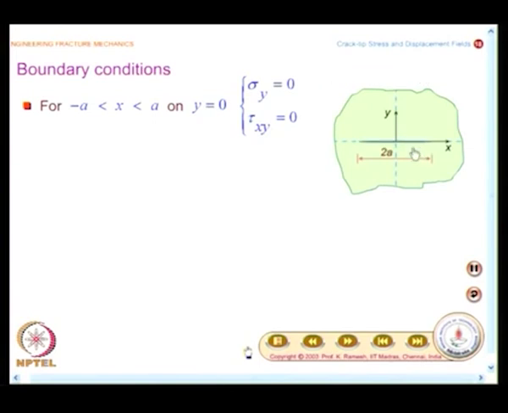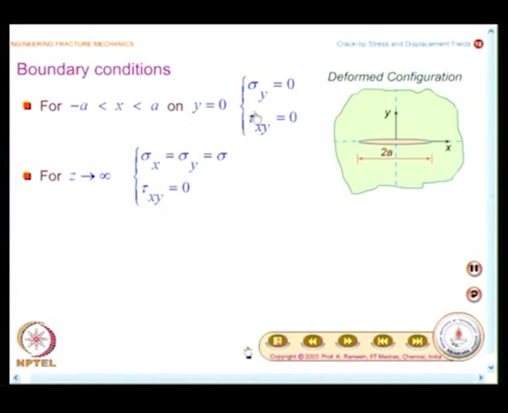Once we develop the displacement field equations, we would go and find out how the crack faces open up mathematically, and we will also see what is the kind of curve that we are going to get. These boundary conditions are very simple and straightforward. So, on the crack faces, you need to have sigma y equal to 0 and tau x y equal to 0. At infinity, we have already noted that we are applying a biaxial stress field. So, this should be satisfied.